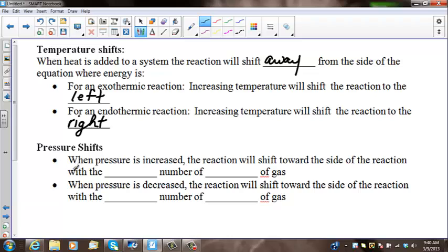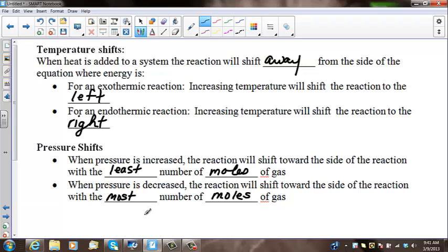What about pressure? Now, pressure only affects the system when gases are involved. So when the pressure is increased, the reaction will shift to the side of the reaction with the least number of moles of gas. And when the pressure is decreased, the reaction will shift toward the side of the reaction with the most number of moles of gas.